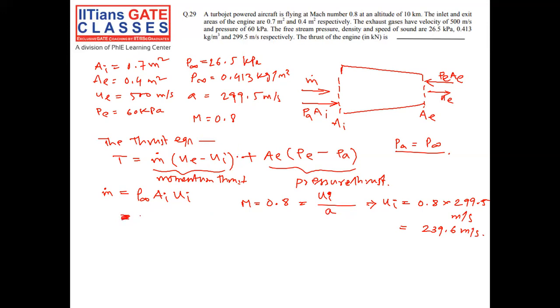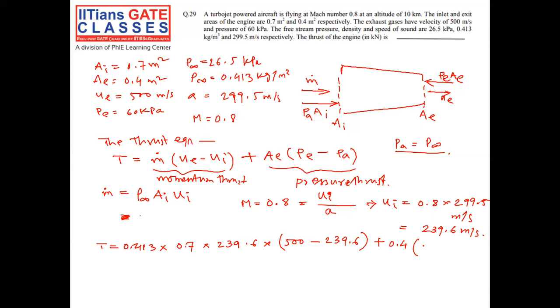So if we just substitute rho infinity, AI and UI values, we'll get the m dot value. Now if we substitute all these values in the thrust equation, so 0.413 multiplied by AI multiplied by UI multiplied by exhaust velocity, which is 500, minus inlet velocity, which is 239.6, plus exit area. Exit area is 0.4 meter square, multiplied by PE.